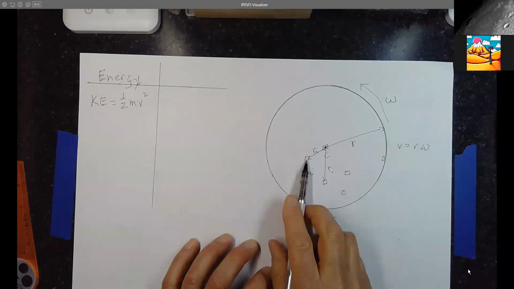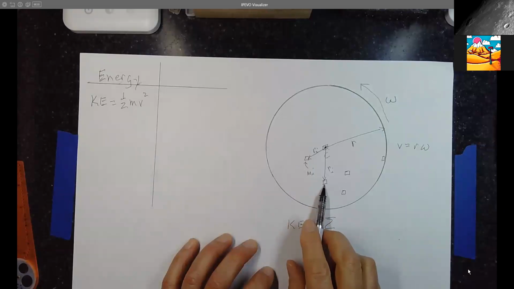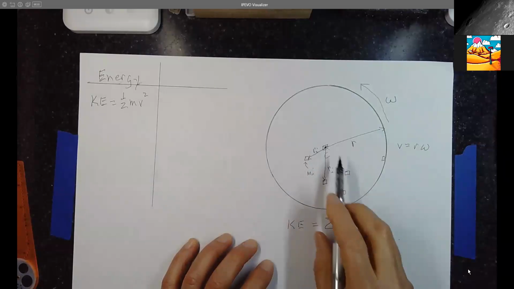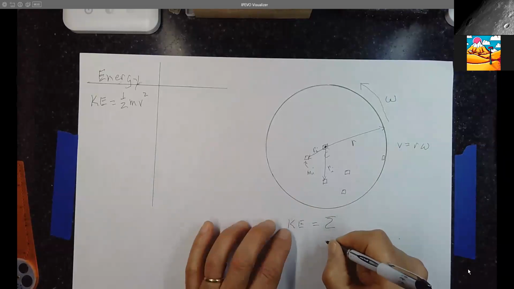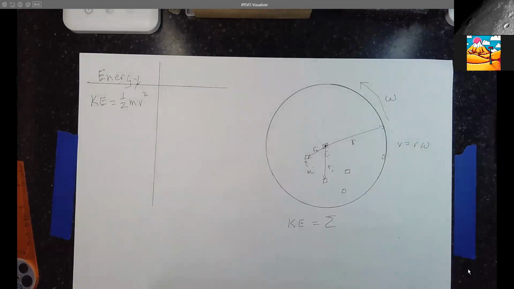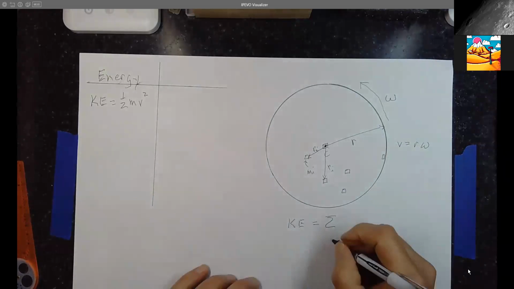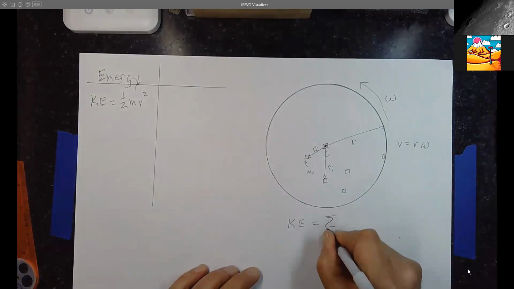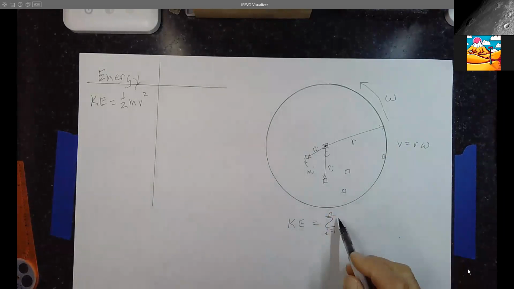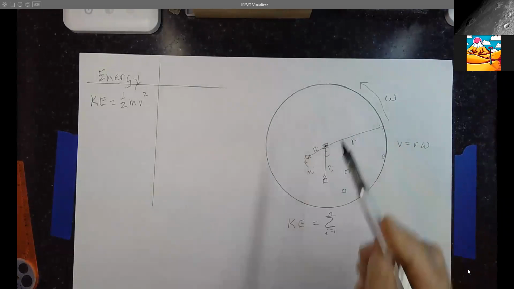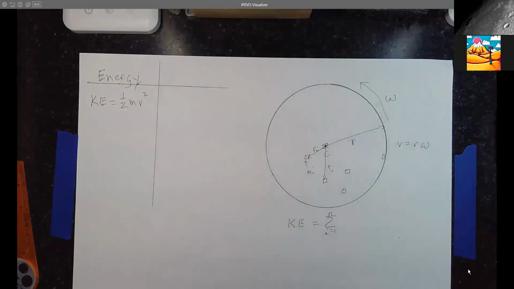Okay, and so this will be one little chunk of mass, this will be another chunk of mass, another one here, all with their own radii away from there. And to figure out the kinetic energy of the whole thing, we'll have to add together. And so we'll sum for i equals 1 to some lowercase n, where n is some really big number, because we want to split this into a whole bunch of tiny chunks.